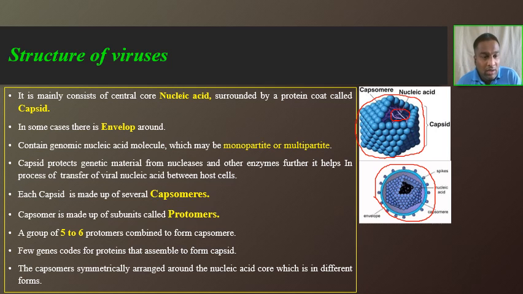Then they contain a genomic nucleic acid molecule, which may be monopartite, bipartite, tripartite or multipartite. Monopartite means it contains only a single molecule of genetic material, nucleic acids.